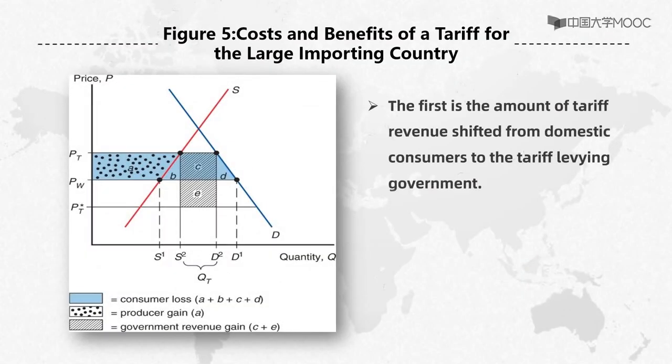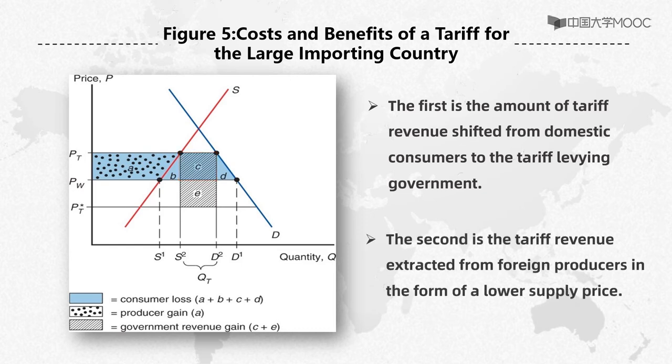The first is the amount of tariff revenues shifted from domestic consumers to the tariff-levying government. We call it the domestic revenue effect. The second element is the tariff revenue extracted from foreign producers in the form of a lower supply price, which is represented by E.